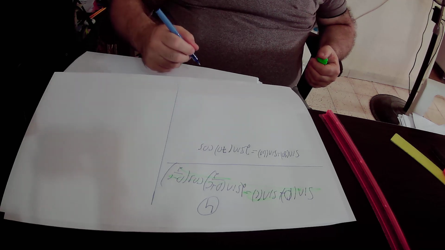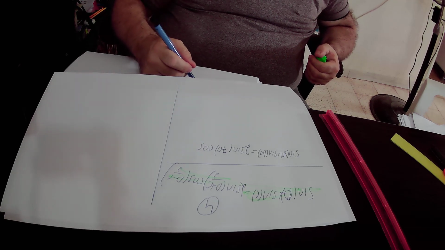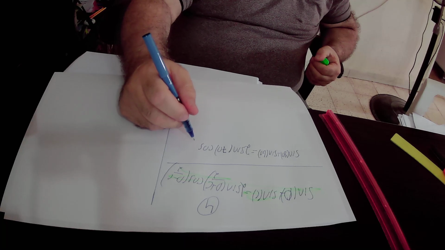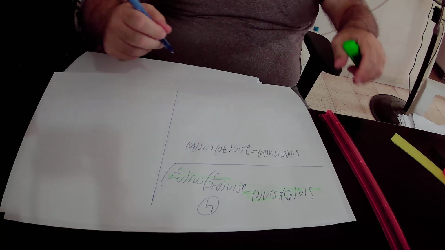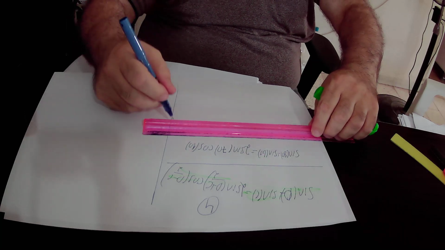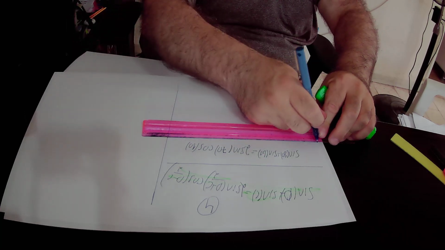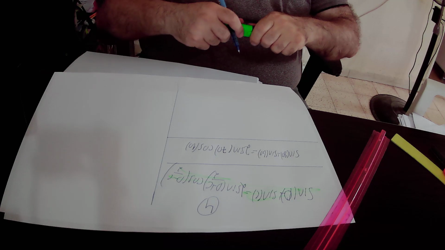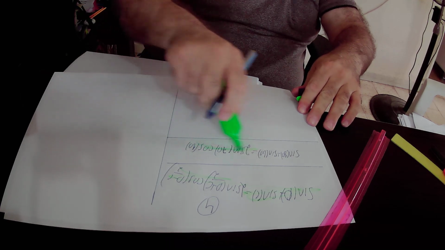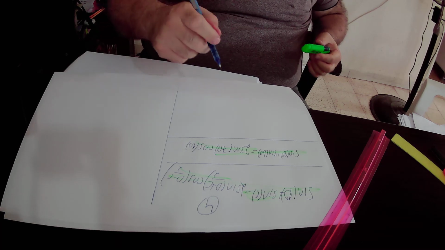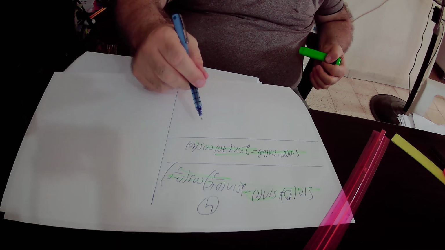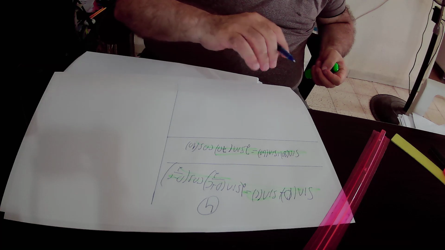D is 80, C is 60, therefore 80 minus 60 is 20, and 20 over 2 is 10. So in conclusion, sine 80 degrees plus sine 60 degrees equals 2 times sine 70 degrees times cosine 10 degrees. Therefore, we can substitute it in equation number 2.